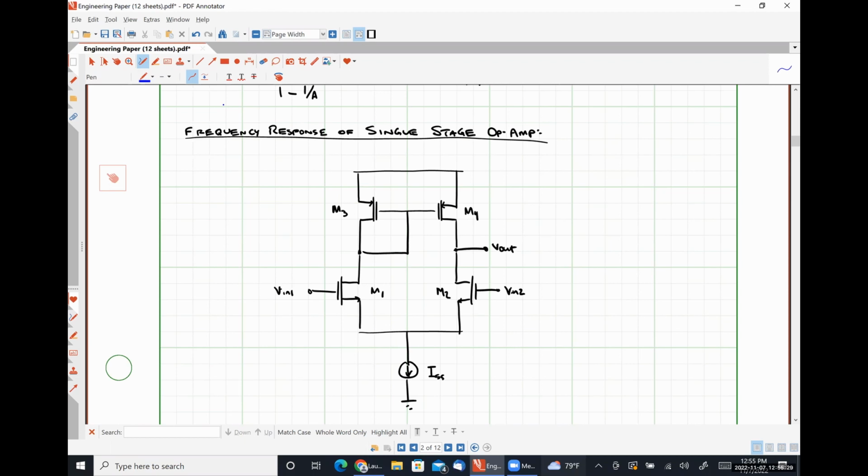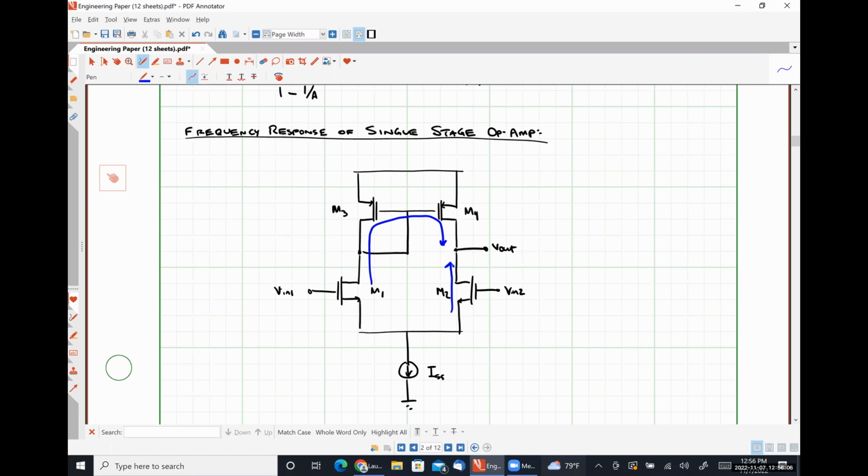Another thing that's interesting is because we have a differential input and a single-ended output, we effectively have two signal paths to worry about. So we have an input signal from VN1 and its signal path to the output. And then we have our signal path from VN2 to the output, both having separate transfer functions that we effectively add together.